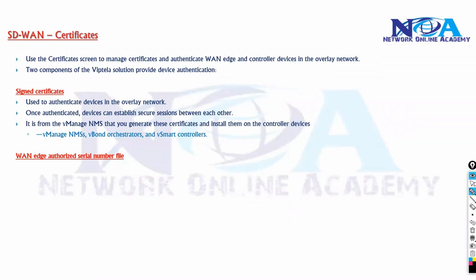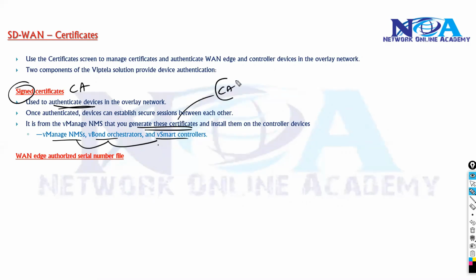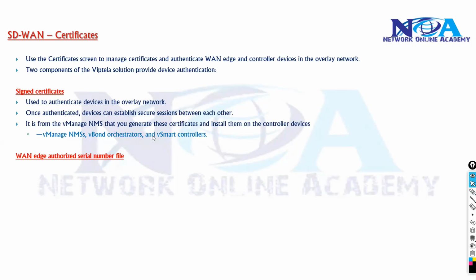So the first one will be using something called signed certificates issued by the CA. Now these certificates will be authenticating the devices inside your overlay network, like the vManage and the vBond and the vSmart. They generate their own certificates, and then they will be sending them to the CA, signed by the CA, and then later on will be installing these certificates on their own devices, and based on these certificates they will be authenticated, because you must make sure that these certificates are properly installed or properly configured for the authentication process to be successful.